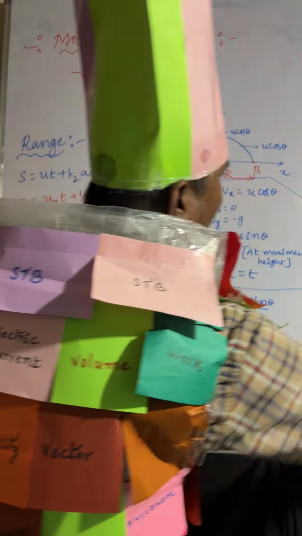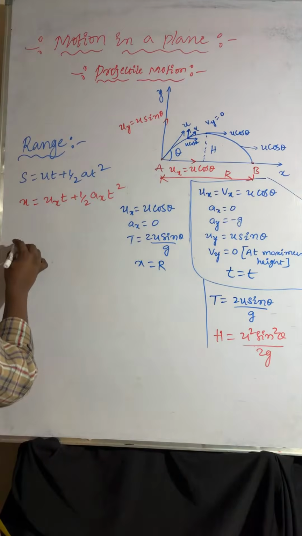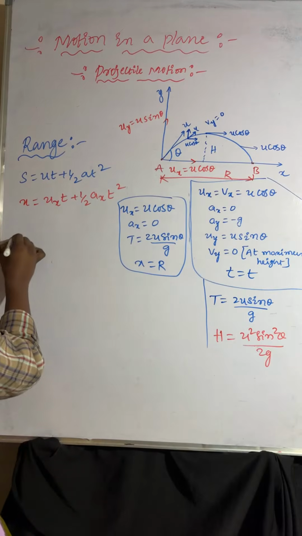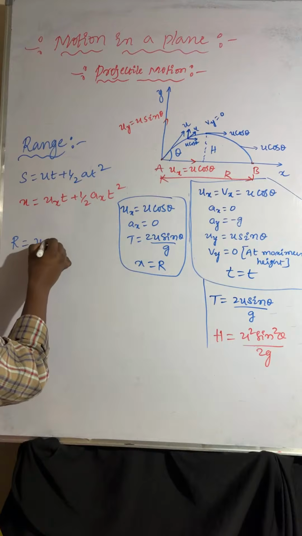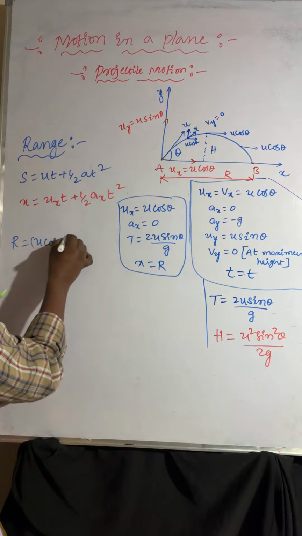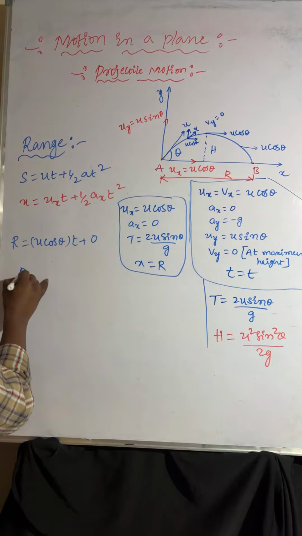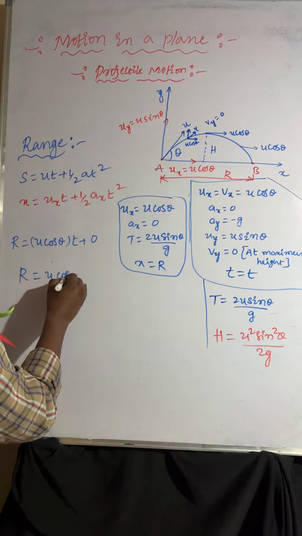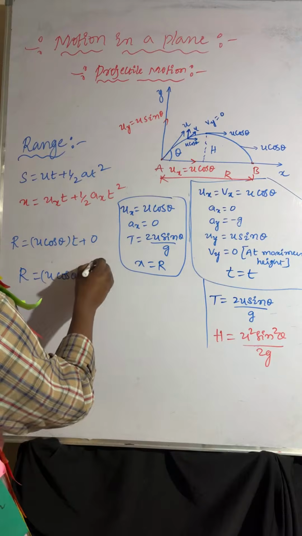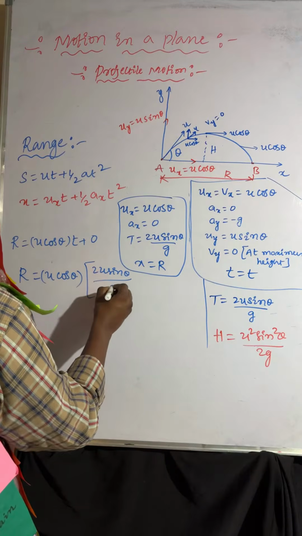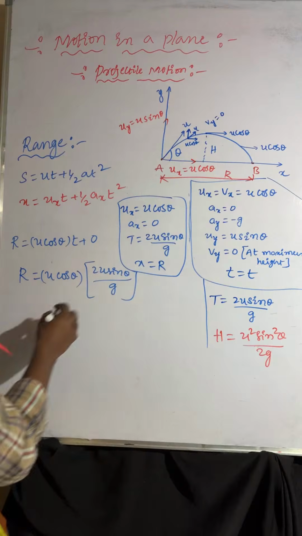So substitute all the values. Now R equal to u cos theta into t, plus this term becomes 0. R equal to u cos theta into t, where t equal to 2u sin theta by g.